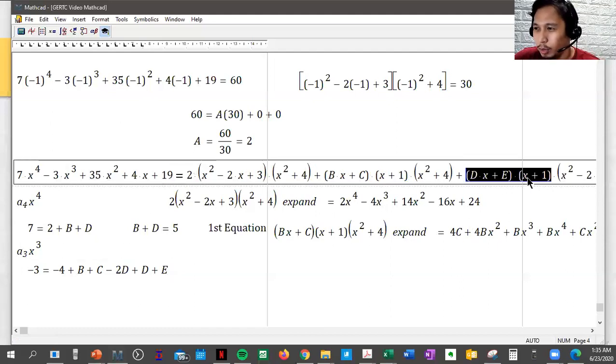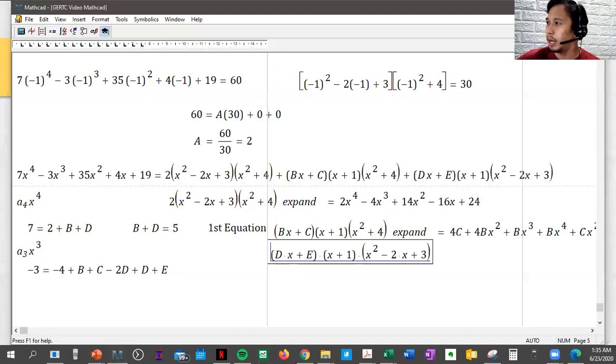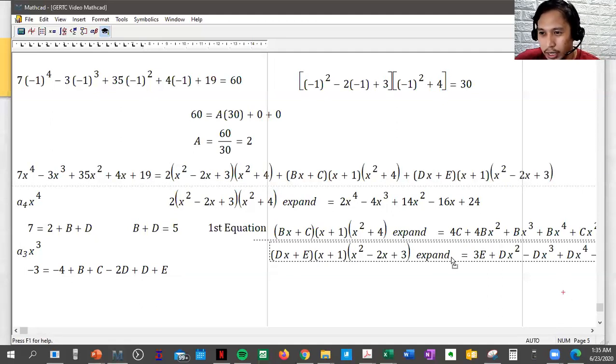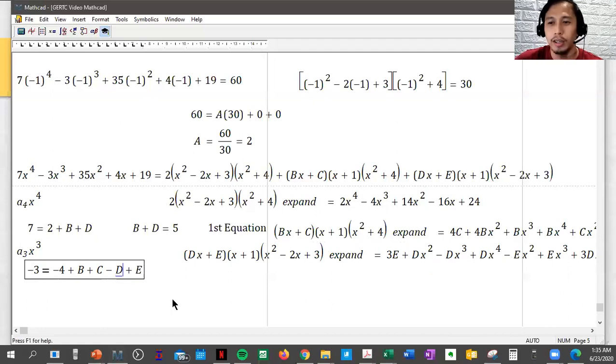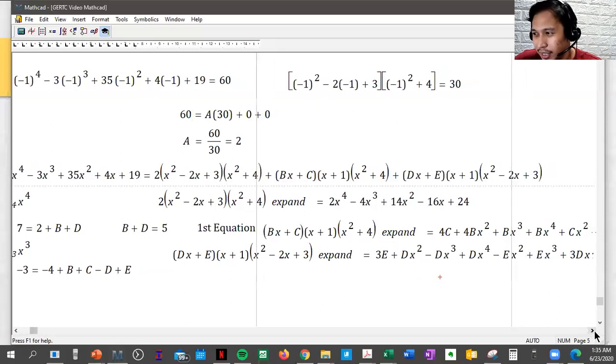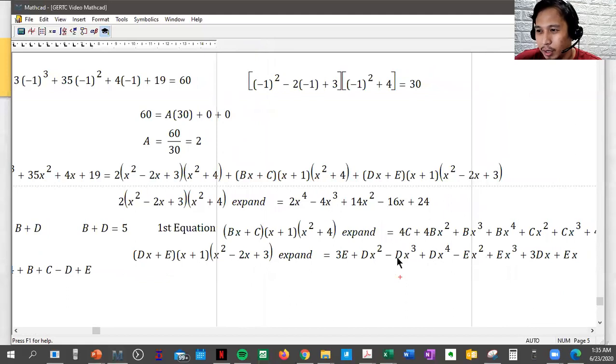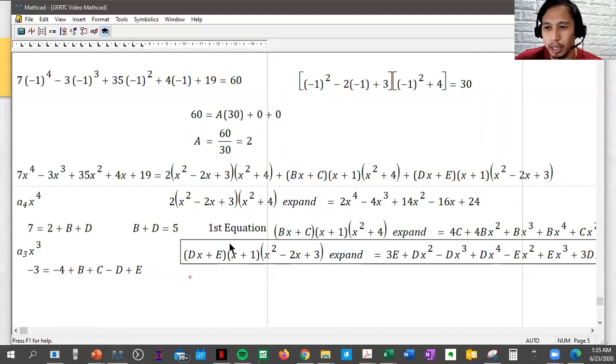Well, if we are to expand this, let us check, no? If tama ba yung ano natin? We need the x cubed. Negative dx cubed. Well, of course, because if we are to simplify this, negative d na lang ito. Negative 2d plus d. So, x cubed and another, this plus e. Right? Wala na. Yun lang. Negative d plus e. So, ito yung second equation natin.